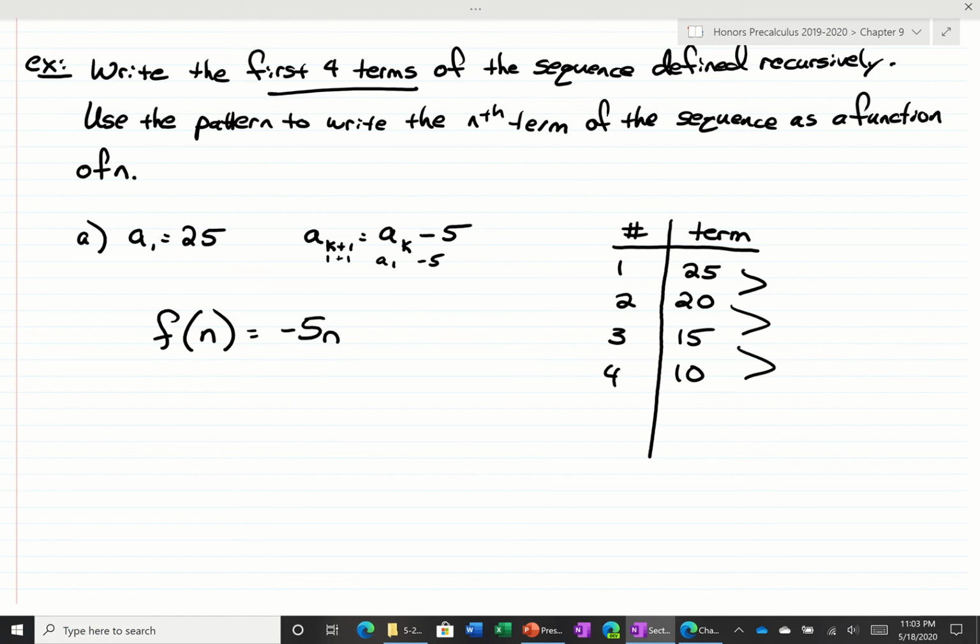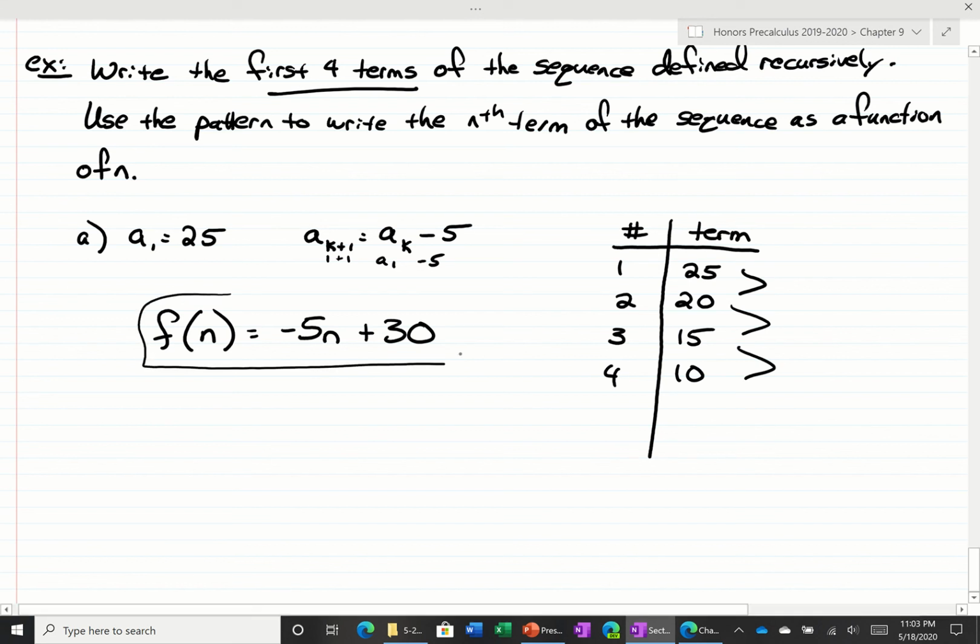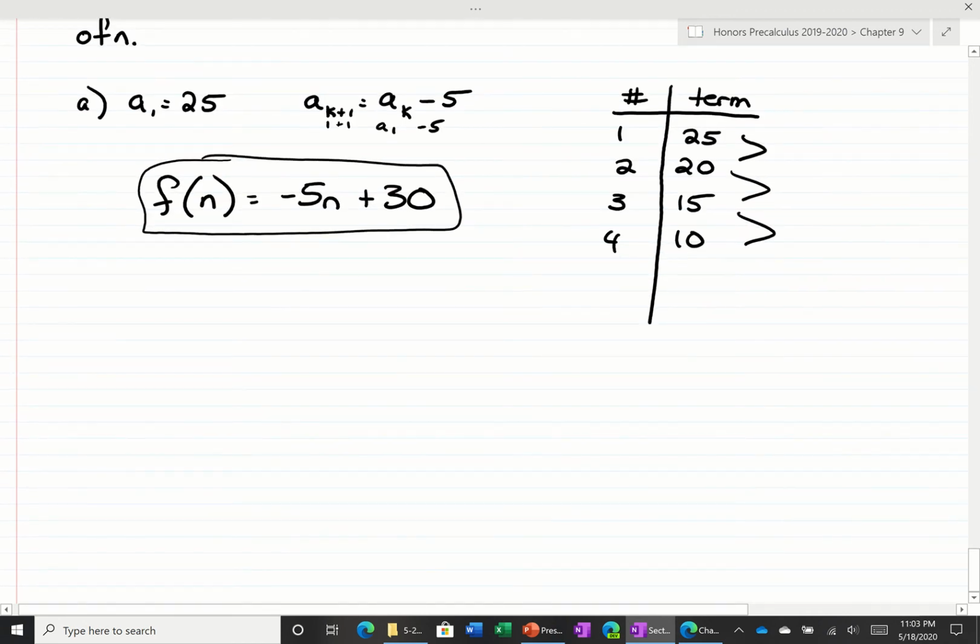So to get the first one, we're going to do negative 5n. Looks like if n is 1, this would give us 25. And then if n was 2, it would be negative 10 plus 30. So that's kind of what you're looking for. You're looking to come up with this on your own. It's an arithmetic sequence. That's how we do it. And one more.